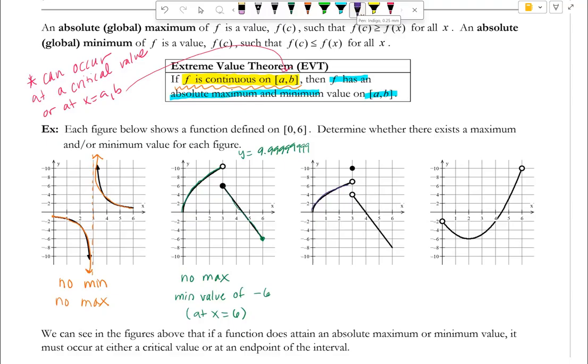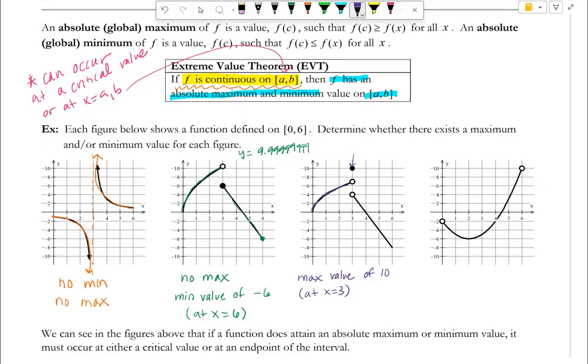Maybe it's 7. I'm never going to actually achieve the number where that open circle is, but my function value at 3 is 10. So this function does have a maximum value of 10. So that's an output, like a y value, y equals 10. And again, this occurs when x is equal to 3.